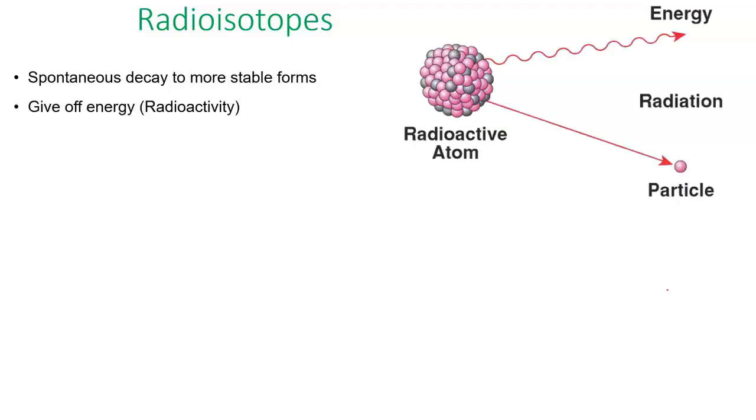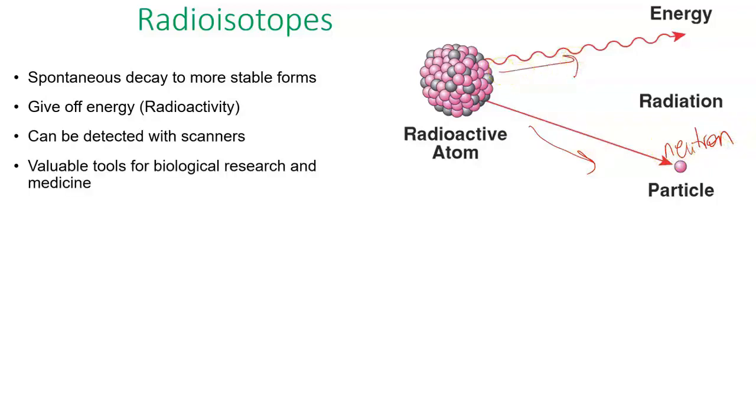And so they will spontaneously decay to get to the more stable form. And when they do that, they give off radiation. So when they're getting rid of a neutron, let's say this is a neutron, to get into that more stable element form, they give off energy.